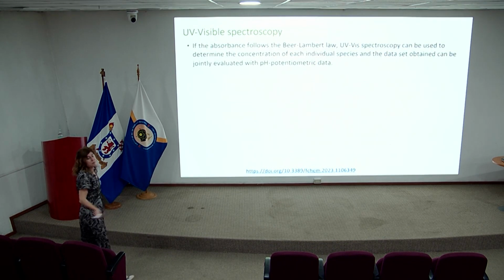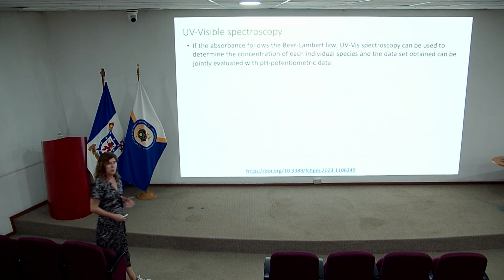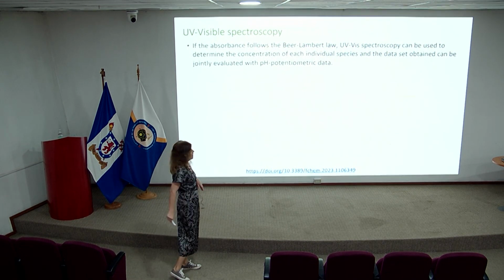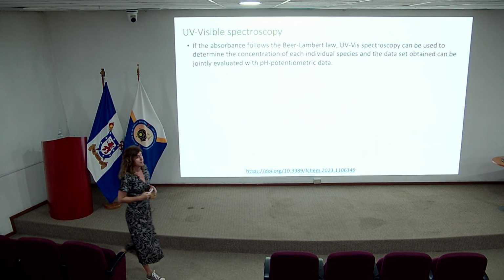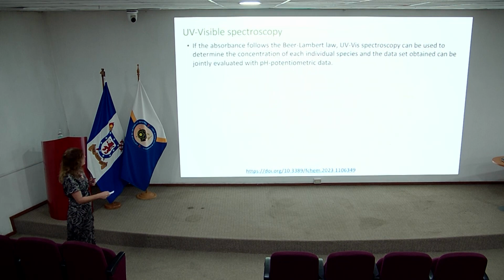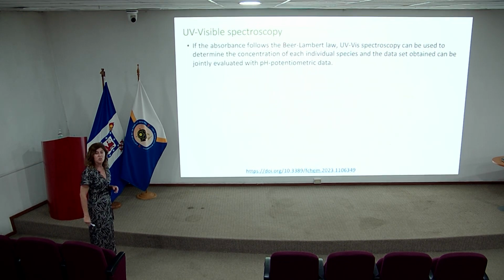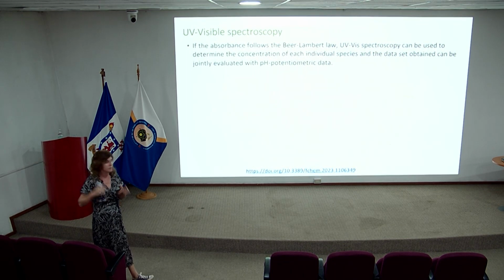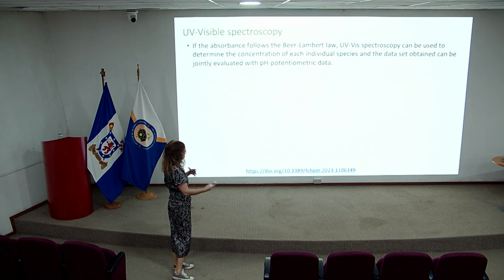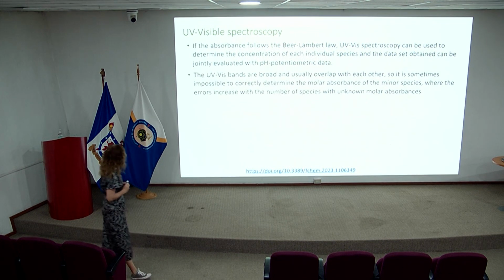So we can use UV visible spectroscopy. It's one of the most simple techniques. Typically, the compounds follow the Beer-Lambert law. And we can use UV visible spectroscopy to determine the concentration of each individual species. And we can join this with pH data.